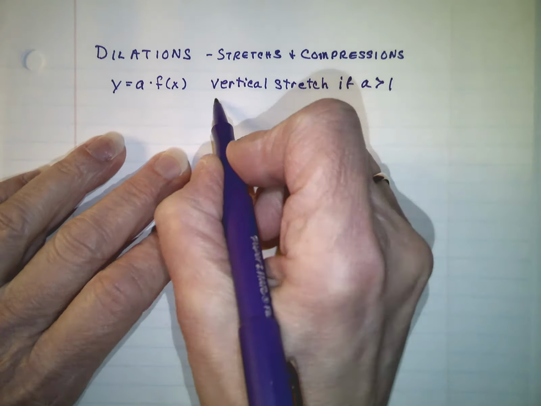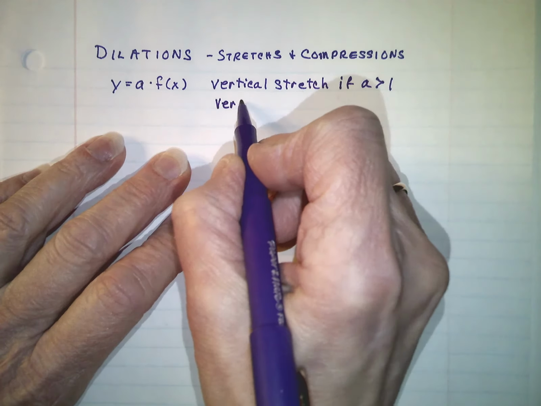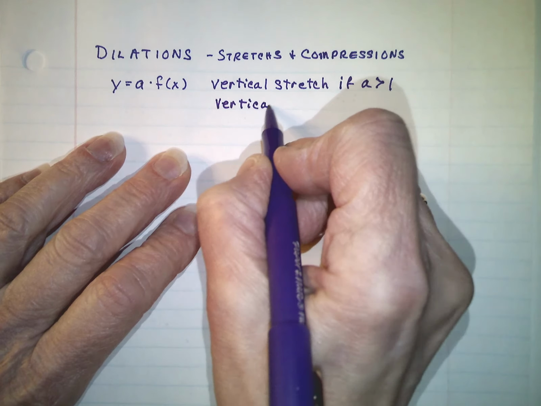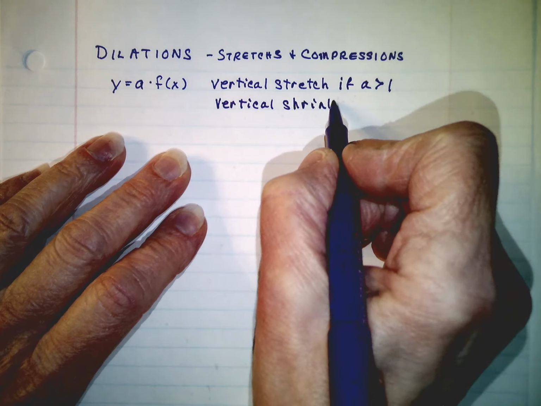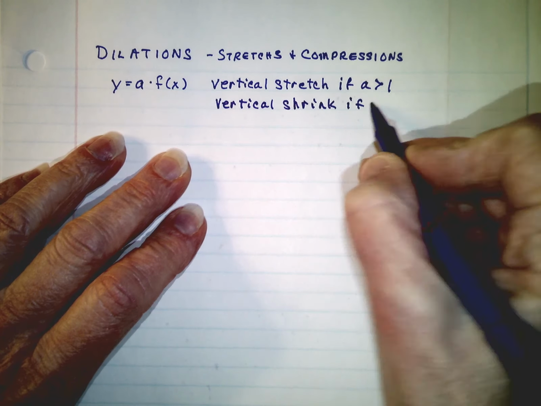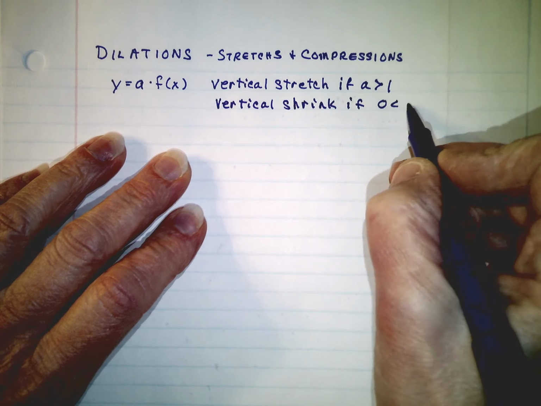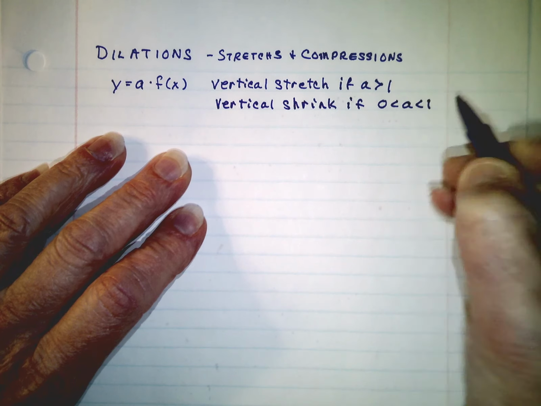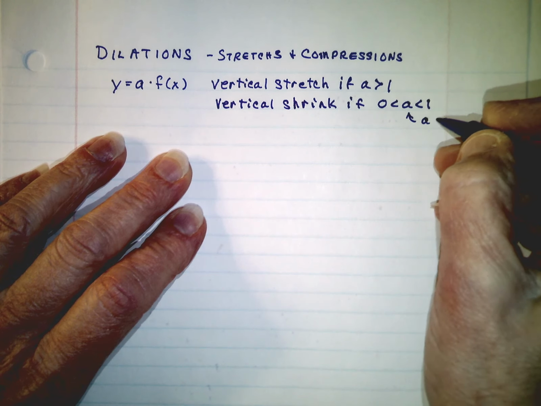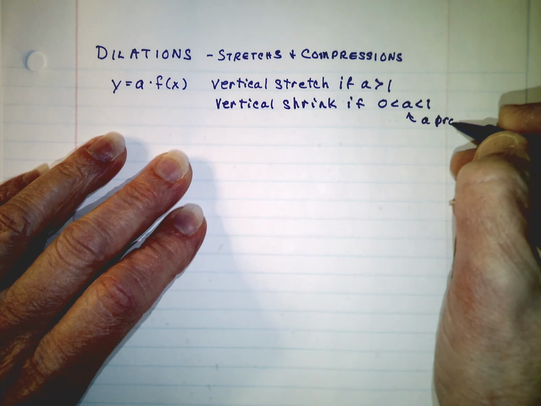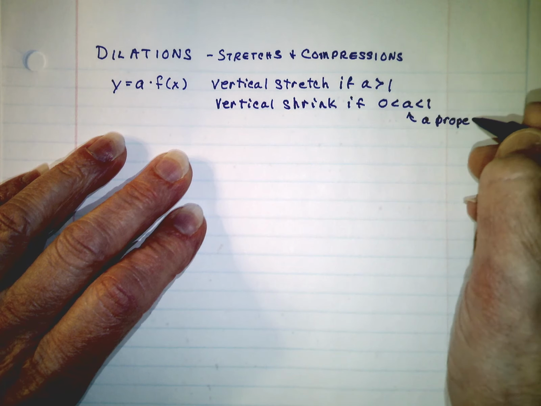And it's going to be a vertical compression or vertical shrink if what we're multiplying by is in between 0 and 1. In other words, a is a proper fraction, like 1/2 or 2/3 or 9/10.